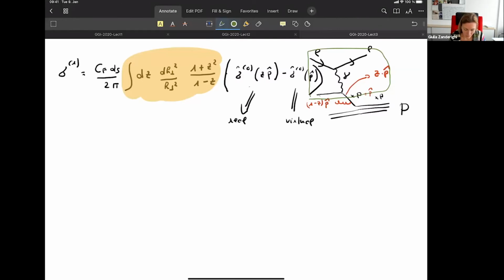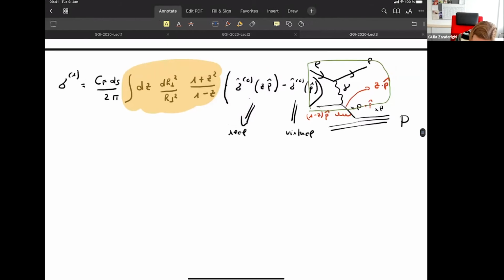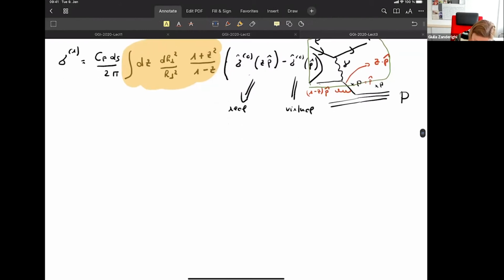So what can one do with this? Well, what you can do is, first of all, you can put a cutoff in this integration. Let me rewrite it. Sorry, I'm not too skilled with this stuff.